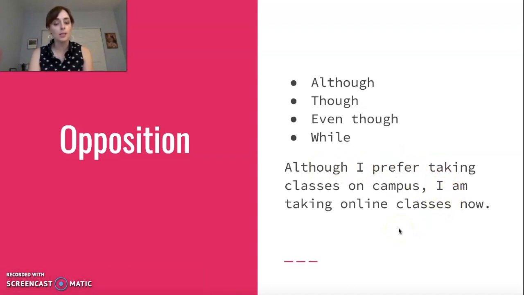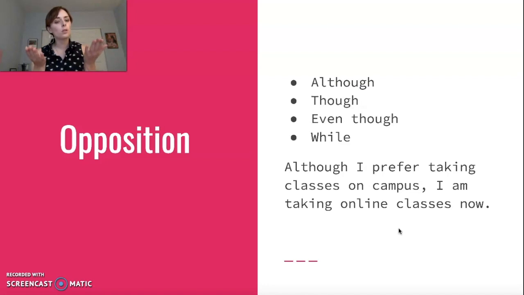So the sentence is, although I prefer taking classes on campus, I am taking online classes now. So let's look at the relationship closer between these two clauses. So I say, I prefer taking classes on campus. I am taking online classes now.